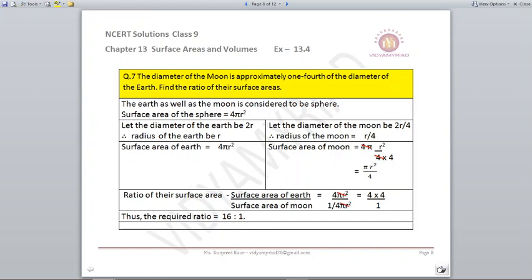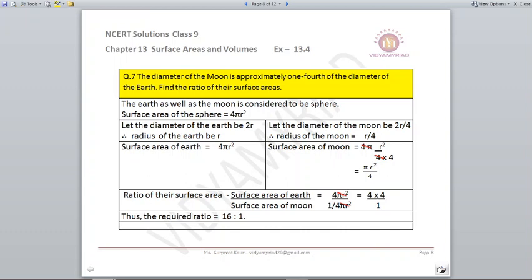So surface area of the earth will be 4 pi r square. And in the case of the moon, let the diameter be 2r upon 4. They are saying 1/4 of the diameter of the earth. Diameter of the earth is 2r and it is 1/4, so therefore the radius of the moon is r upon 4.